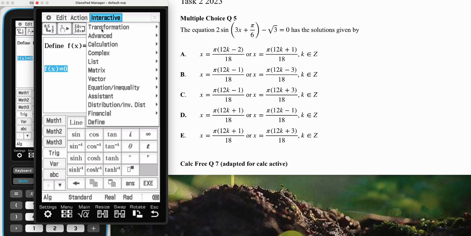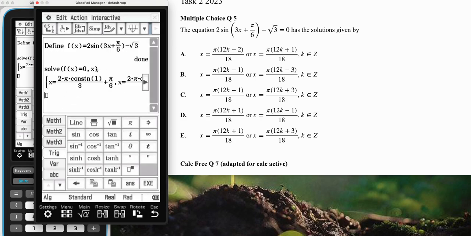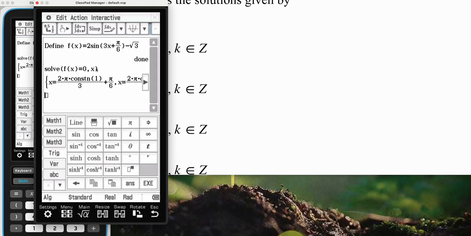Do not be frightened when you get this result. You're getting a constant n1. I can read off that and basically say that this is my result: x equals 2 pi, that constant n will be an n.